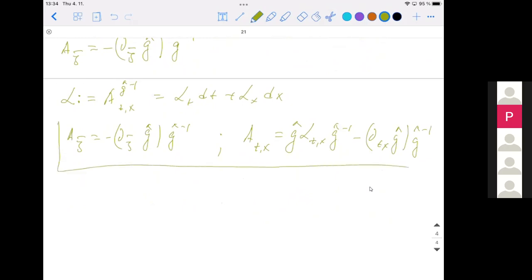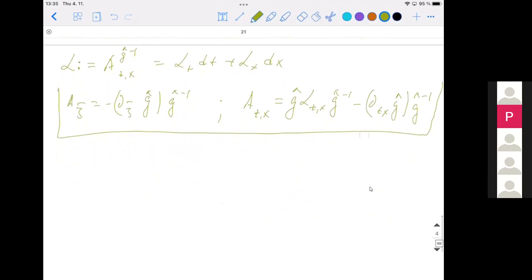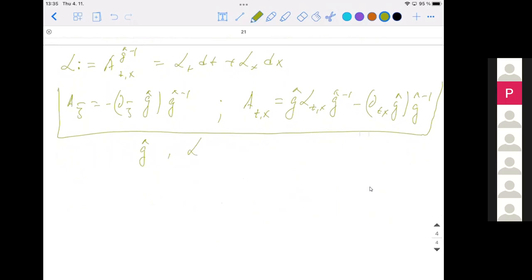So this is our parameterization of the gauge field in terms of G hat and L. G hat will be the only gauge field of this theory, and L would be the Lax connection.